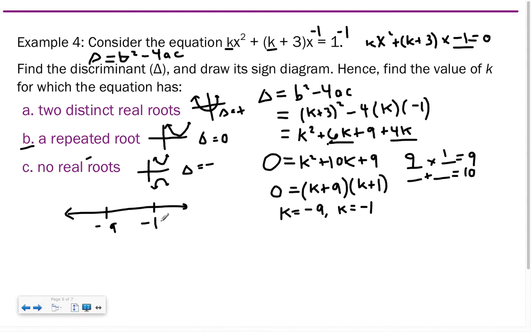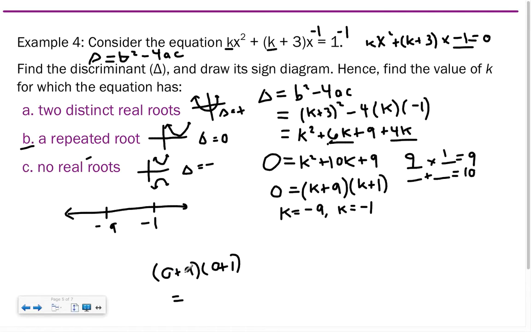From here, we need to test some points. We need to test a point that's greater than negative 1 to find out what the sign is going to be over here. I'm going to pick 0. If I test 0, using this equation, I've got (0 + 9)(0 + 1). We're not interested in the actual result, we just want to know if the answer is going to be positive or negative.